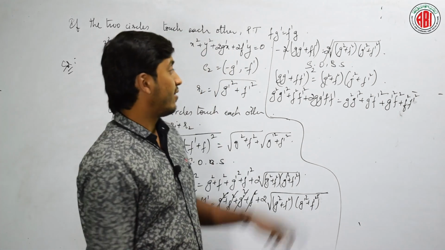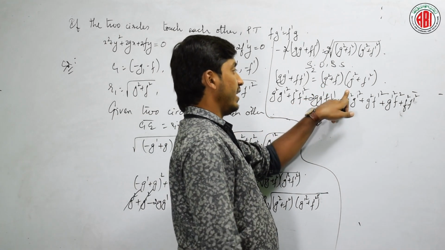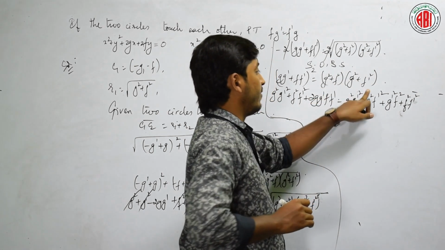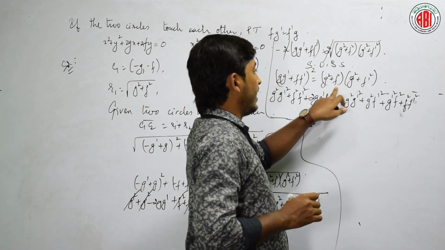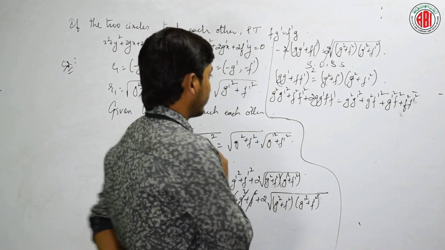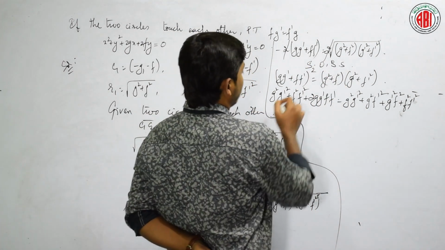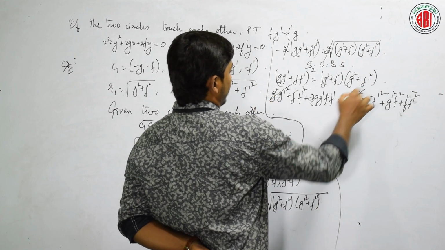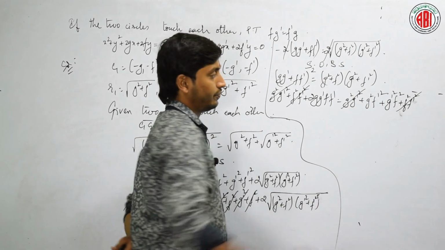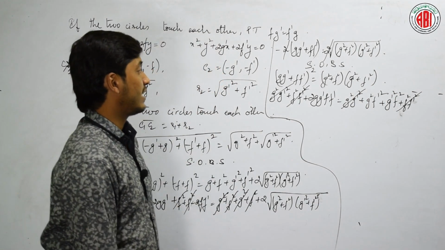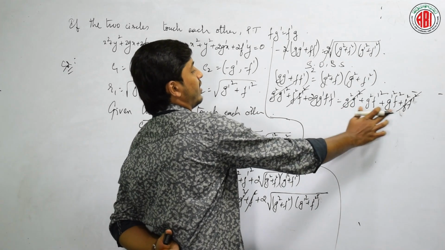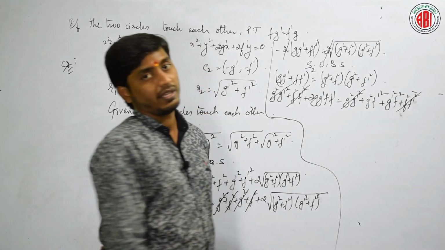Is it right? Did we cover everything? Check. g square g dash square, this is g, do not get confused. Okay, g square f dash square, and the next g dash square f square and f square f dash square. Clear? Check if something is cancelled: g square g dash square and f square f dash square will get cancelled. What is left now? 2gg dash ff dash, g square f dash square, g dash square f square.